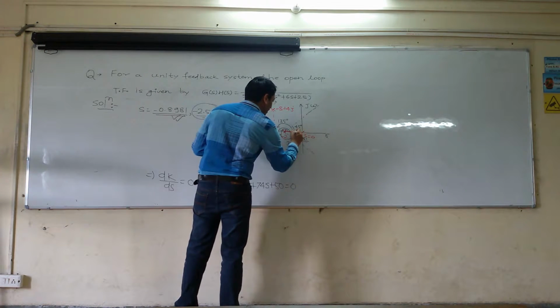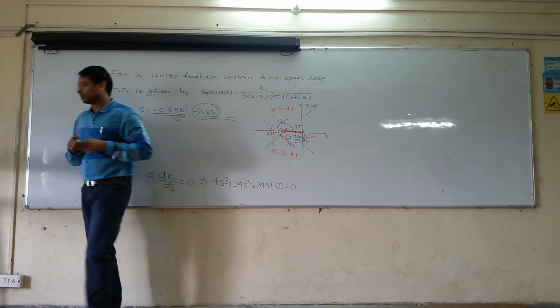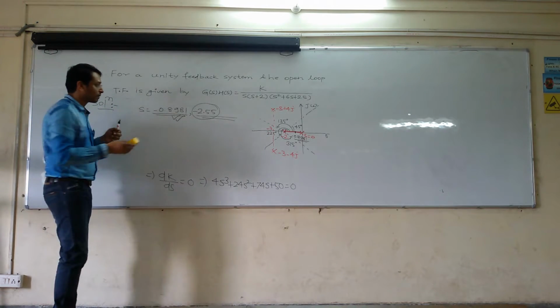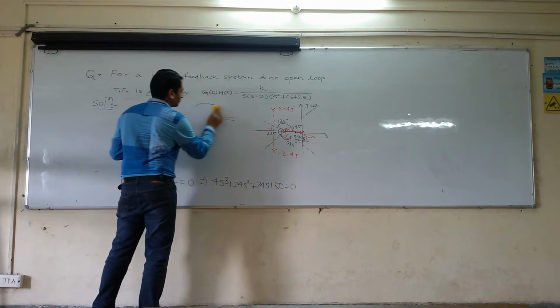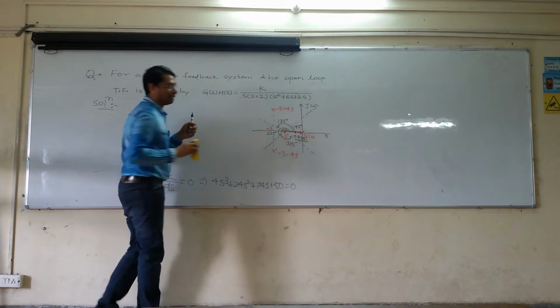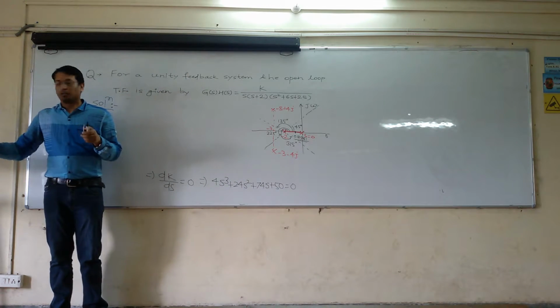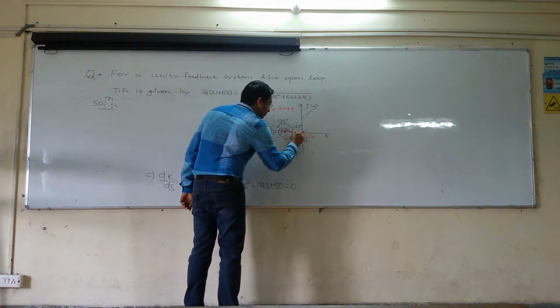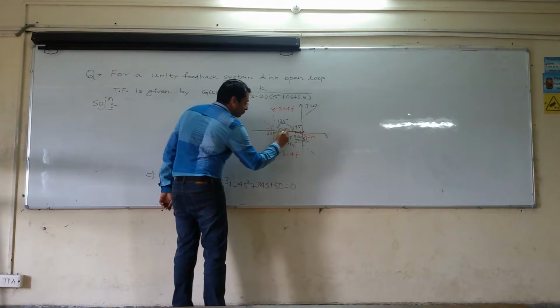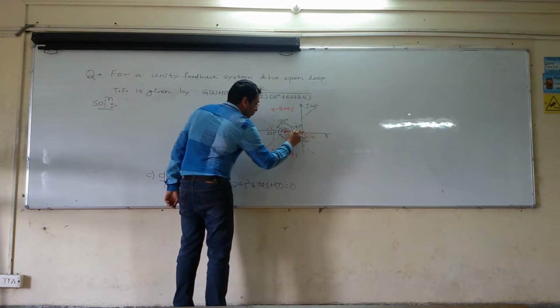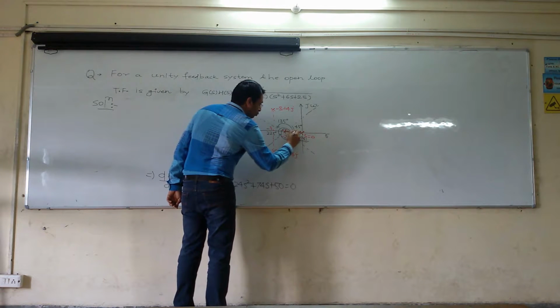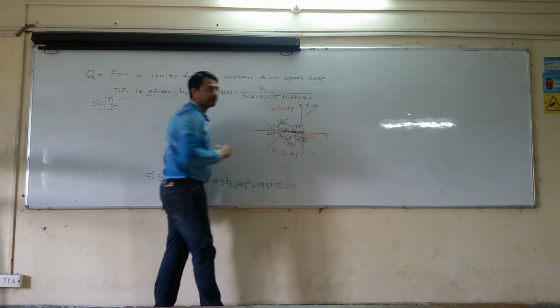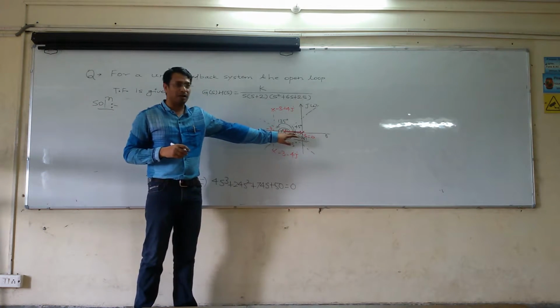This is your breakaway point. Our roots are going to start from here, and from this end, and these two branches of the root locus are going to split at this breakaway point.